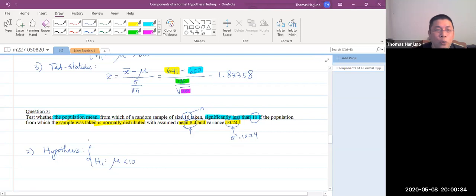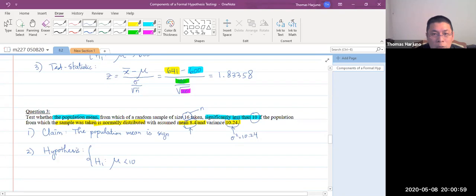Okay, so in our claim, the population mean is significantly less.